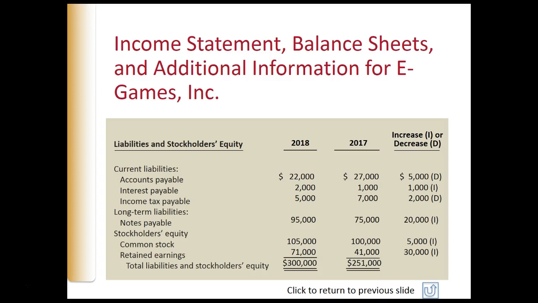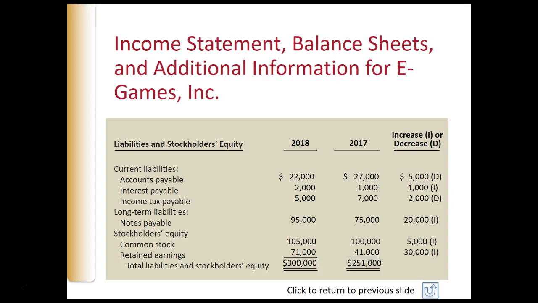What does that mean? It means the accounts payable has gone down $5,000. We used cash to pay $5,000 to reduce that. Therefore, we've used up cash between 2017 and 2018 on that specific account.